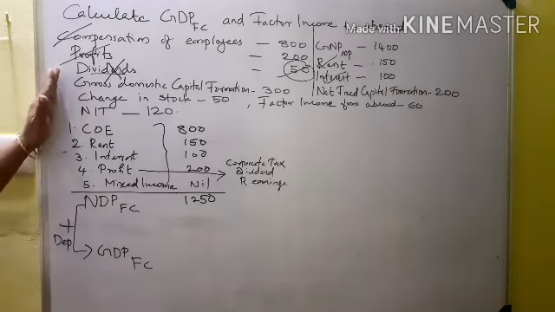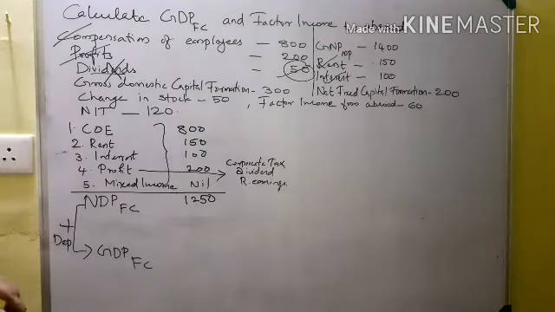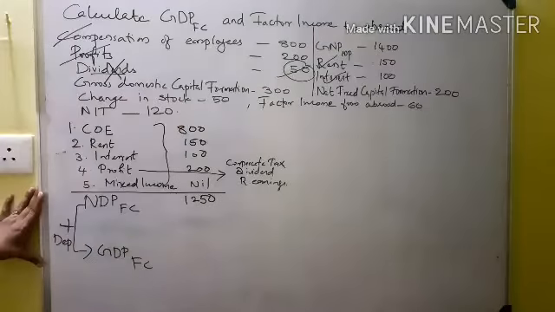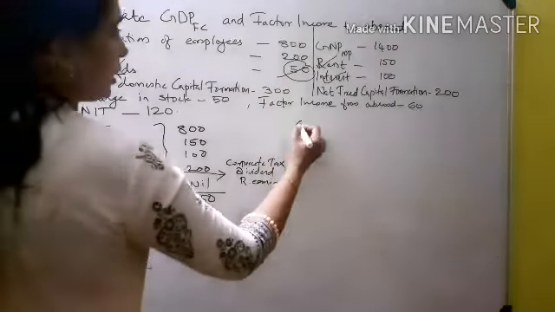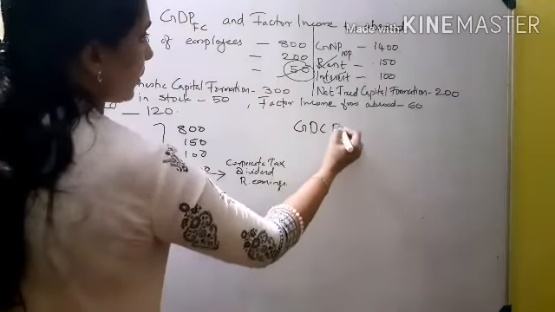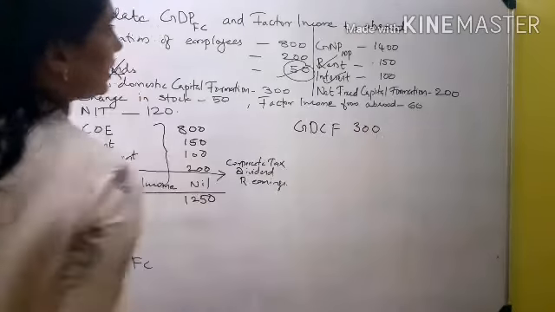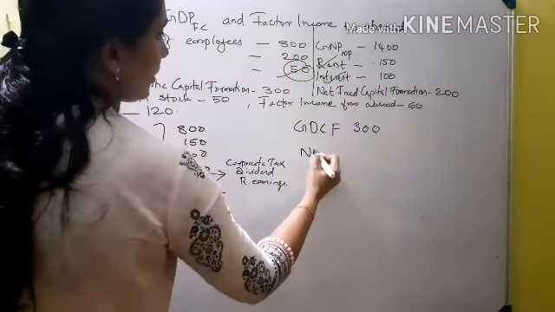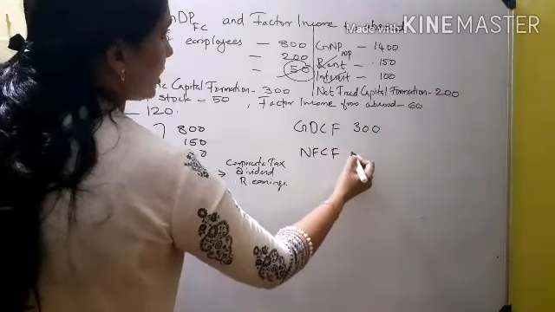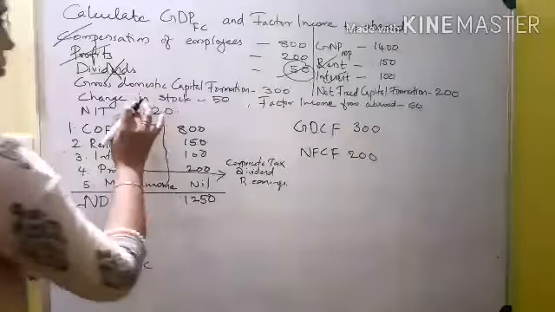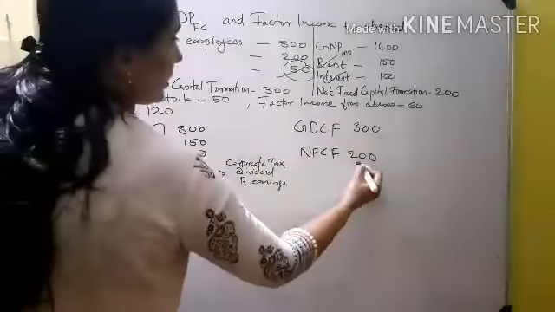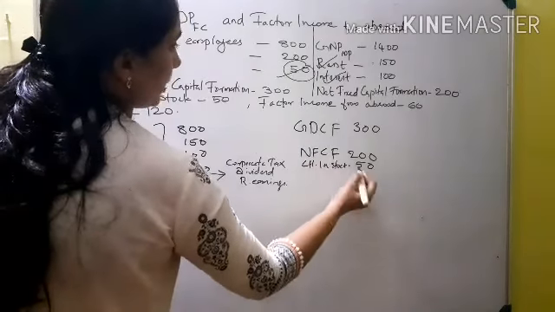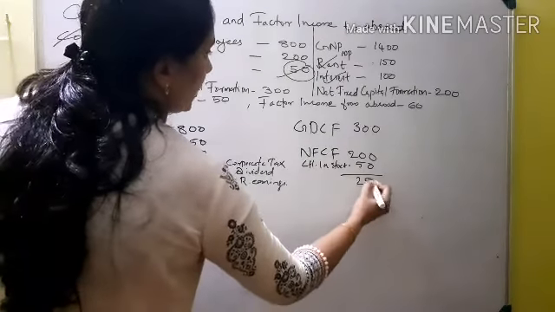From this information, how can we calculate depreciation? Gross domestic capital formation is given as 300. Net fixed capital formation is 200 and change in stock is 50, so 250.